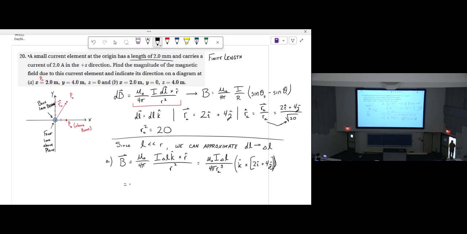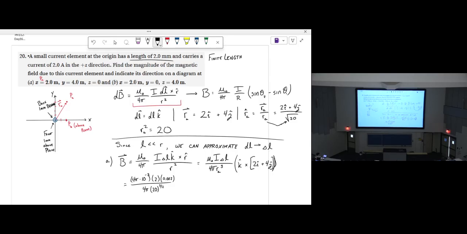So plugging in what we've got here, this would be 4 pi times 10 to the minus 7 times the current of 2 amps times the length of 0.002 meters, all divided by 4 pi. R sub a is the square root of 20, so this is going to be 20 raised to the power 3 halves.